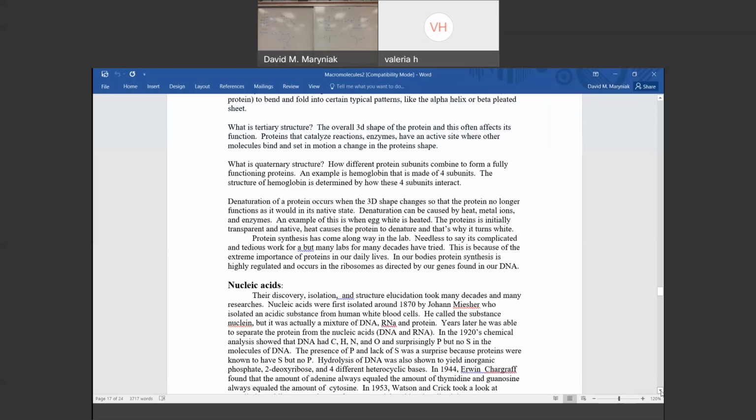When proteins are in their natural state, we call them native. If you do anything to take them out of their native state, you are said to denature the protein. So is heat one way to denature a protein?